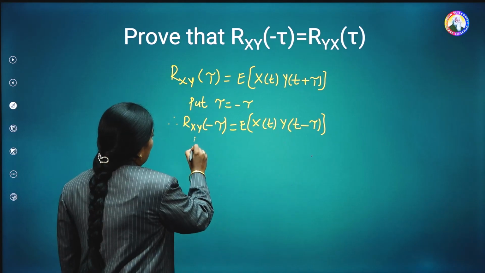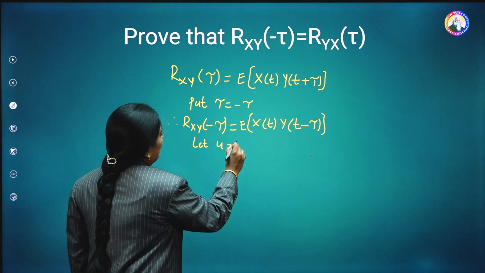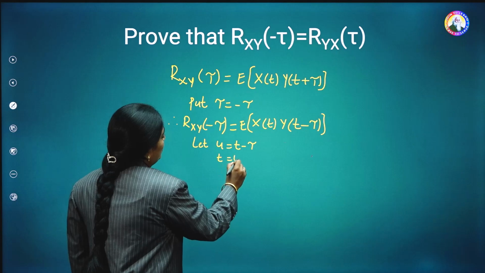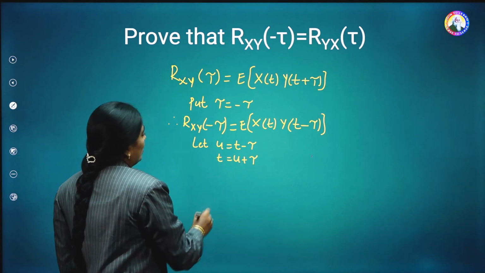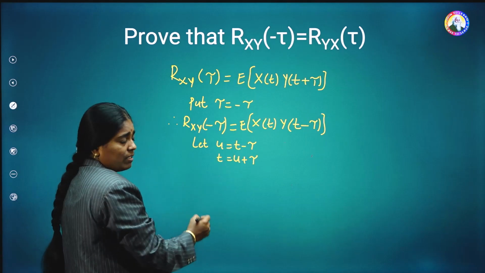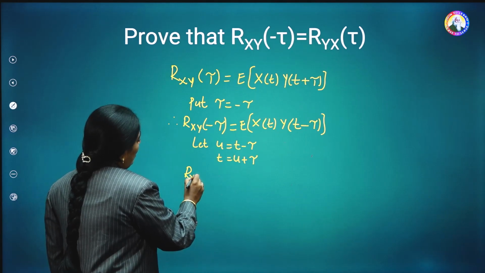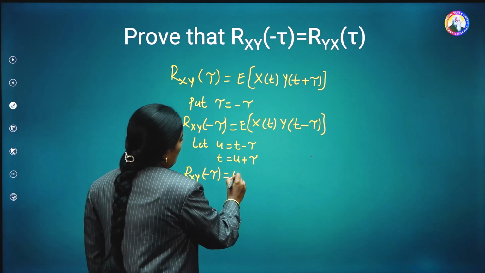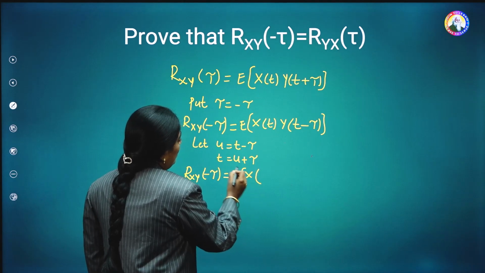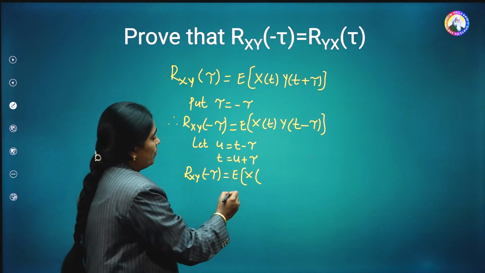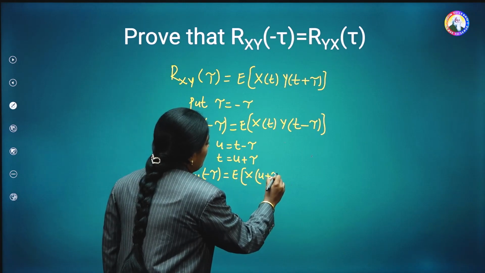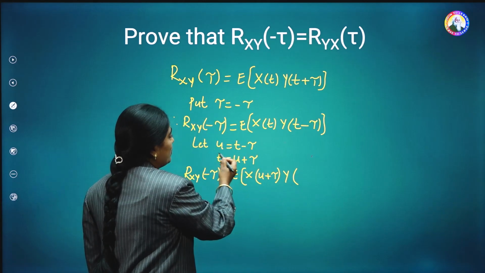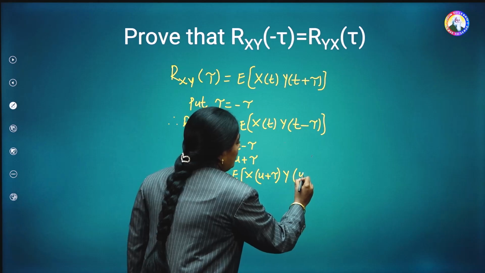Now, let us consider u is equal to t minus tau. From this, t is equal to u plus tau. Substituting these two in this equation, we obtain rxy of minus tau is equal to E of x of, now instead of t, substitute u plus tau, into y of, instead of t minus tau, substitute u, y of u.